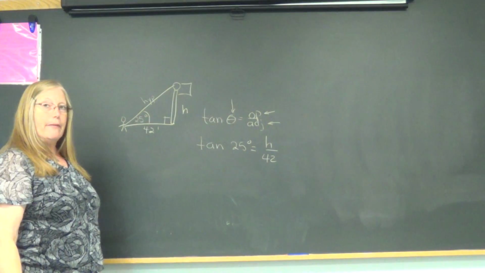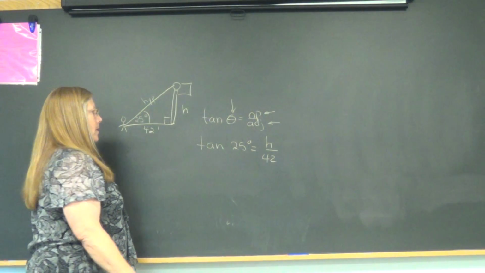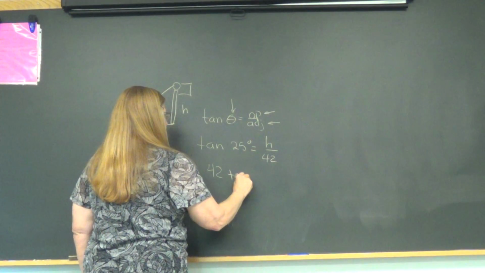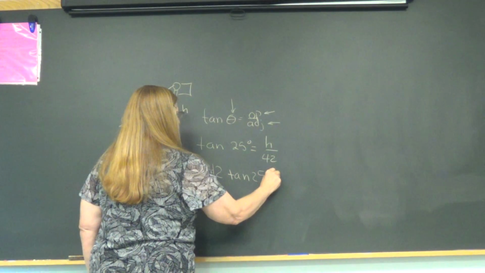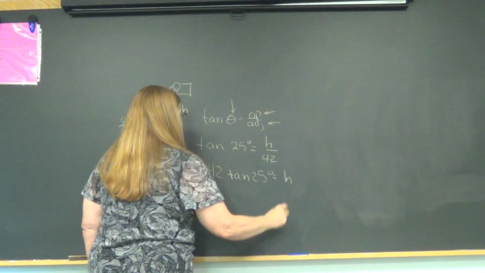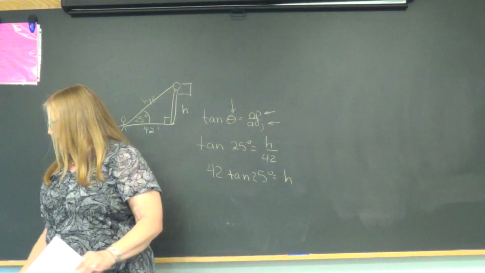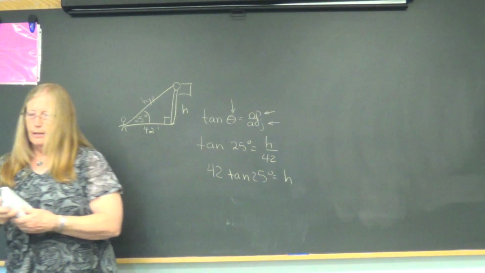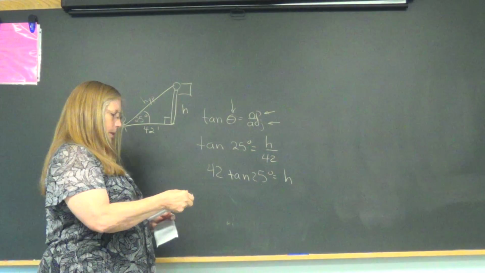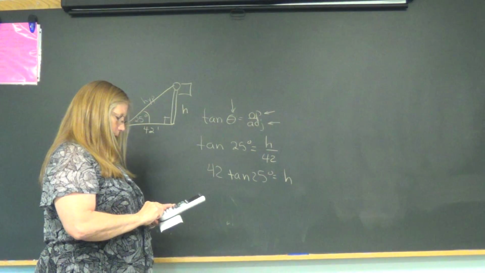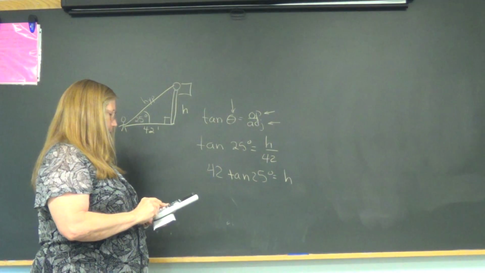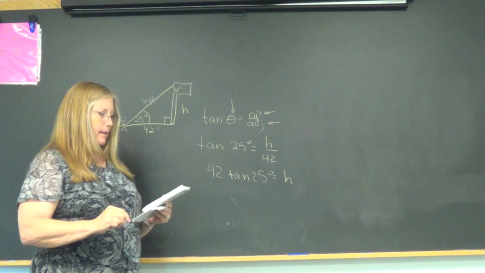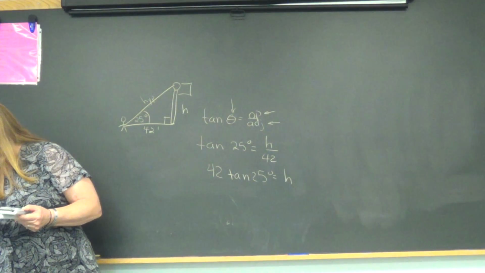So to solve that for h, we're going to multiply both sides by 42. And plug that in our calculators, making sure they're on degrees. So 42 times tangent 25. I got 19.6.